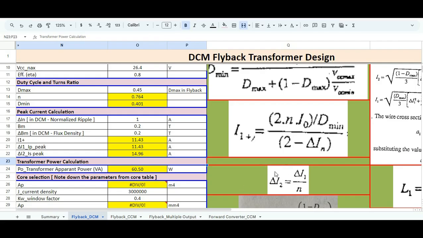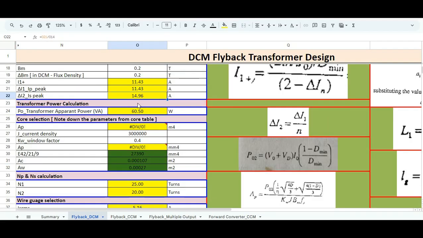Delta I2 is delta I1 divided by N. Delta I1 is 11.43, and with the number of turns, this comes around 14.96 ampere, that is 15 ampere. Can you see the peak current? In order to deliver 3 ampere of average current in DCM mode, your secondary peak current is going to be 15 amperes.